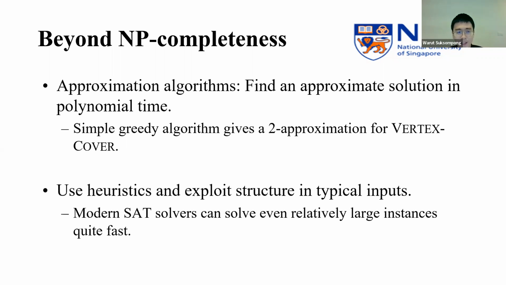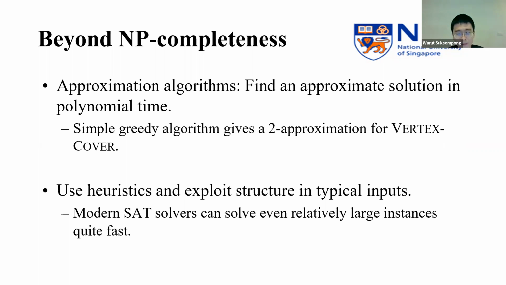But modern SAT solvers can solve even relatively large instances quite fast. That's not a contradiction, because they use heuristics and ways to deal with typical inputs. Even instances with hundreds or thousands of clauses and variables, or sometimes even millions, can be solved relatively fast.